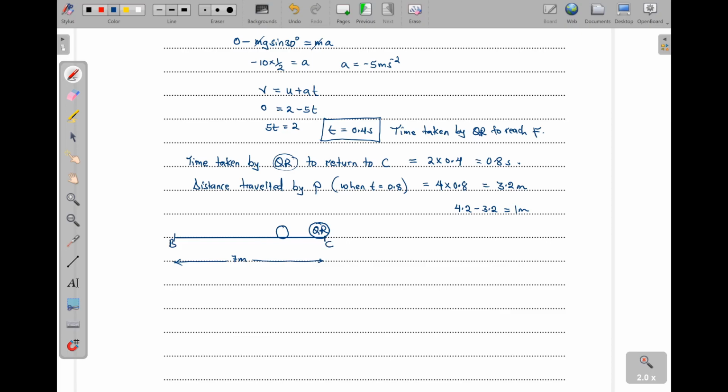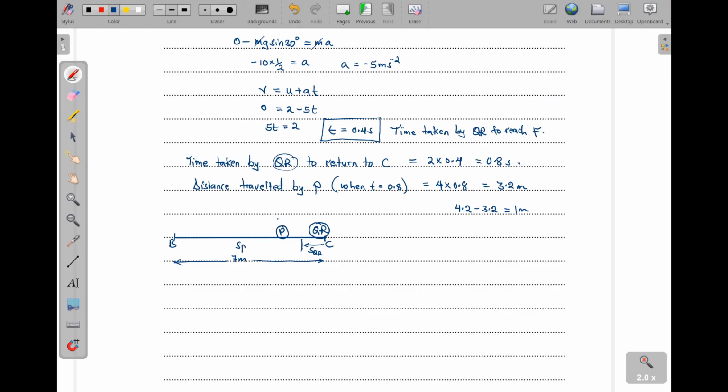So if P is now here, the QR is going to travel a certain distance, then P is also going to move that distance there. And then they, let's say, collide here.